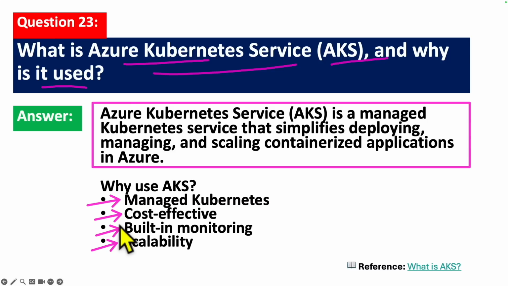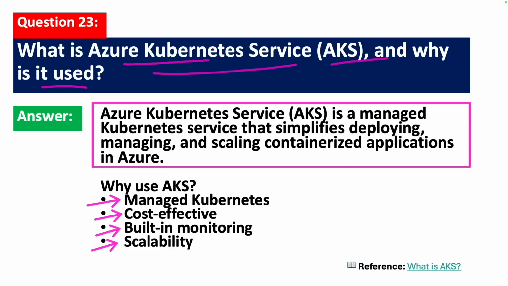AKS can be built to automatically scale pods and nodes based on the demand, ensuring your applications run effectively under varying loads. Some of the other features which I can talk about are the high availability options, security, and the flexibility.